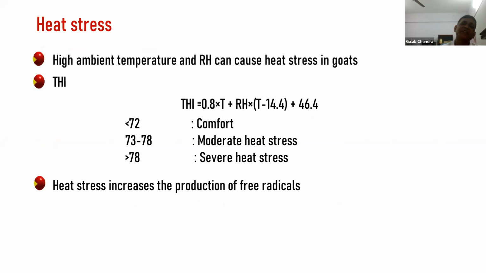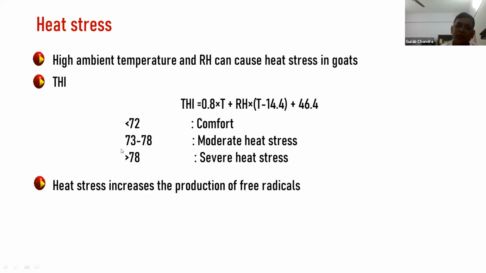Then the next one is heat stress. High ambient temperature and relative humidity can cause oxidative stress in the goat. This is the THI value, the temperature humidity index, which is calculated by this formula. When the value is less than or equal to 72, the animal feels comfortable.